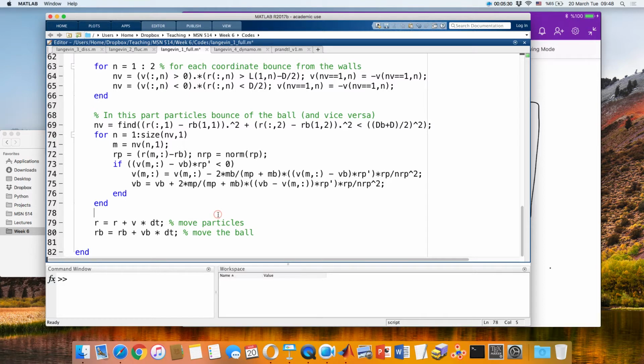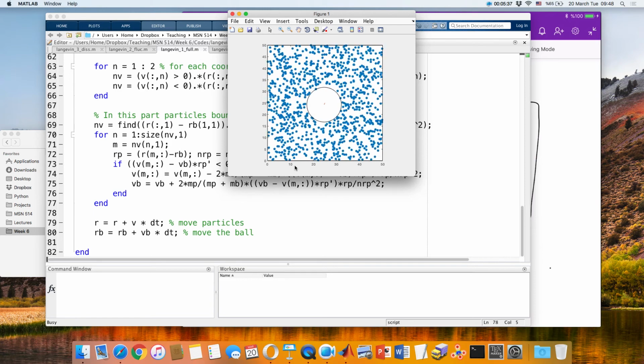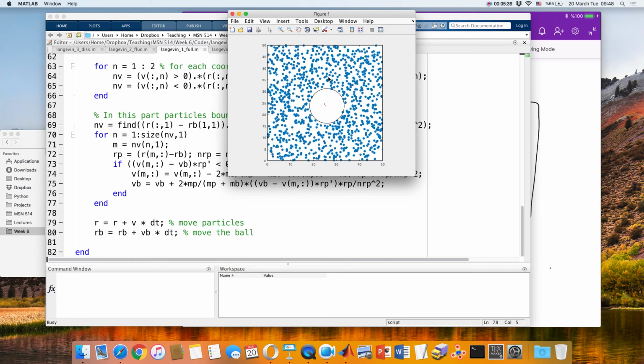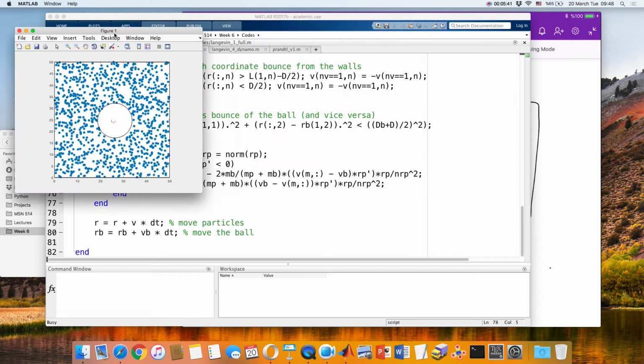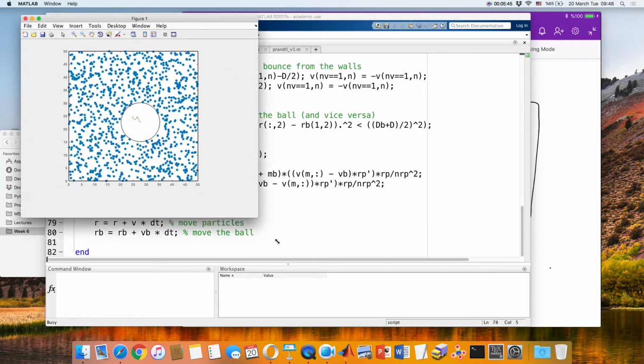No? So let's run this and see what happens. So you have a ball, and I'm actually plotting the trajectory too. Do you see the trajectory?